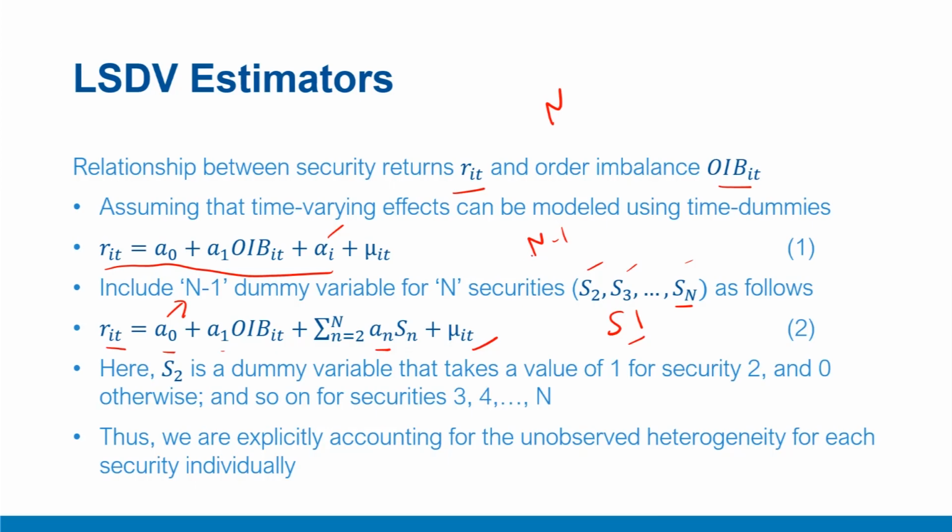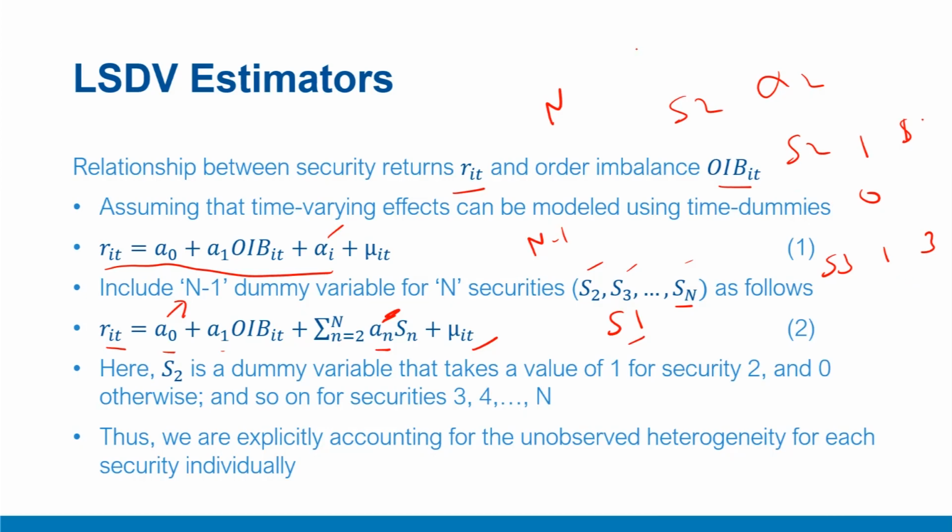Now, how to interpret these dummy variables? For example, the first dummy here is the S2 and its coefficient alpha 2. So S2 is the dummy variable that will take a value of 1 for security 2 and 0 for all the other securities, and similarly S3 will take a value of 1 for security 3 and 0 for all the other securities and so on.